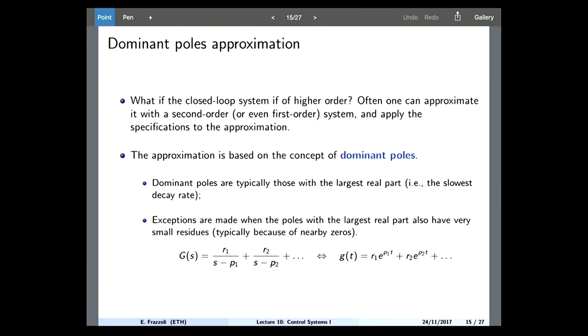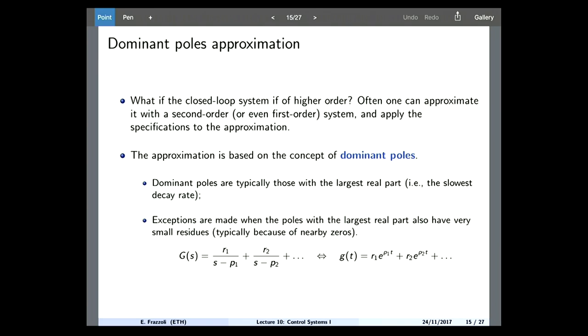And the way we do it is based on this idea of dominant poles. Essentially, we will ignore all the poles except two, okay? How do I choose these two? These are the ones that are closest to the origin. What does it mean to be closer to the origin?